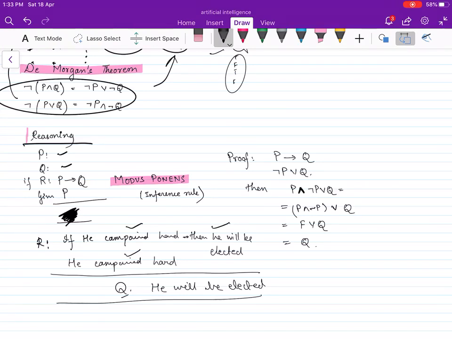For example, we can have a proof for this. P implies Q can also be written as not P or Q, and P is also given.